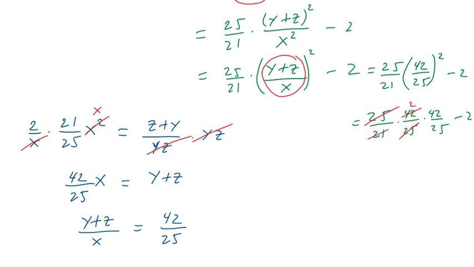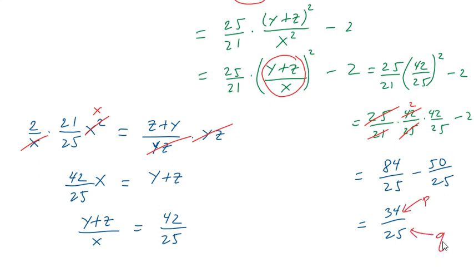So if we simplify this, we get 84 over 25 minus 2. 2 is the same as 50 divided by 25. So we have 34 over 25. Notice that this is already in lowest terms. In other words, the numerator and denominator are already relatively prime.